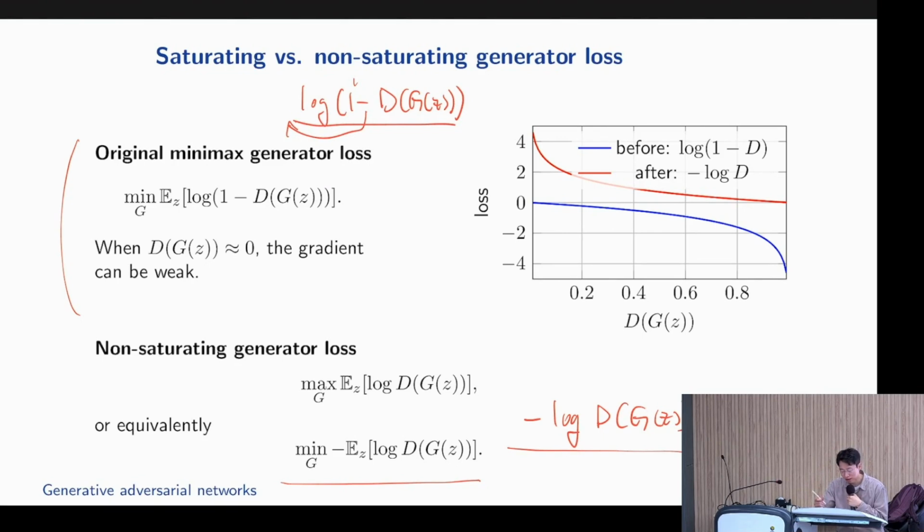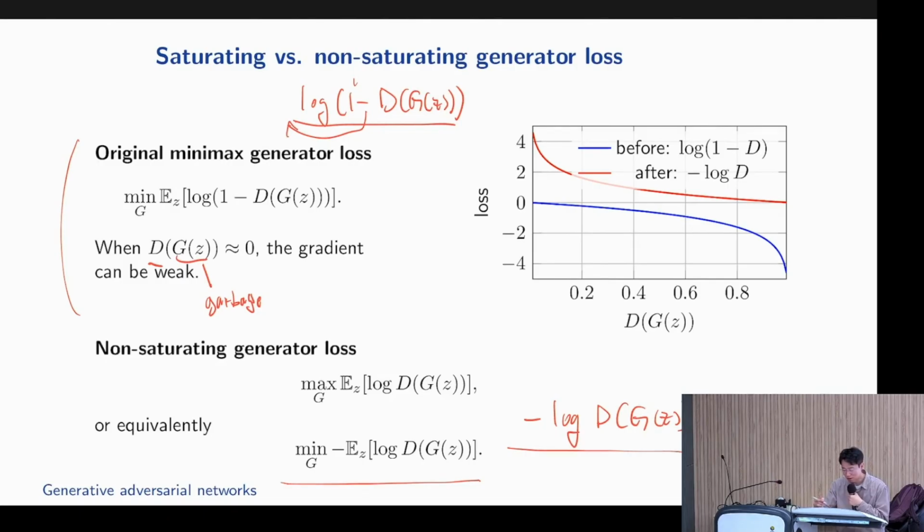And let's look at how the gradient is going to behave. Early on in the training, the generator is randomly initialized, so the generated image is going to look like garbage. So it's going to be very easy for the discriminator to discriminate.